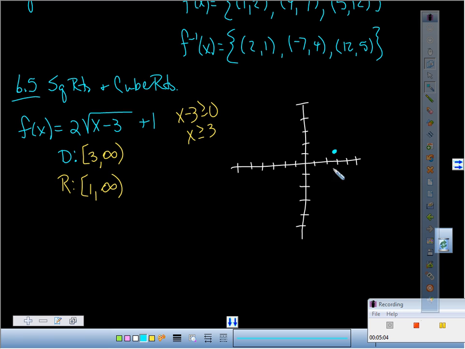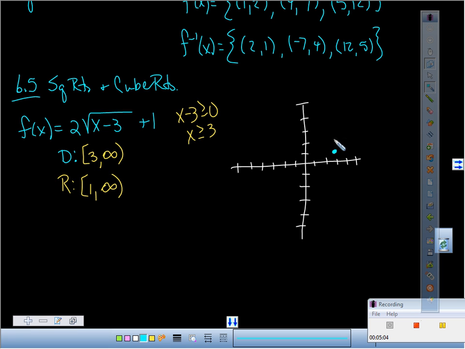Now, where's the next point? 2 up, 1 over. Okay, some kids like to pick a point and plug it in, like a T-chart kind of thing, and some kids don't. Here's what I do. I know that next point is up 1 and over 1, but this made it have a what? A vertical stretch of 2.